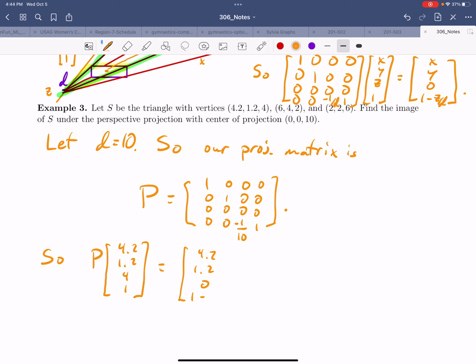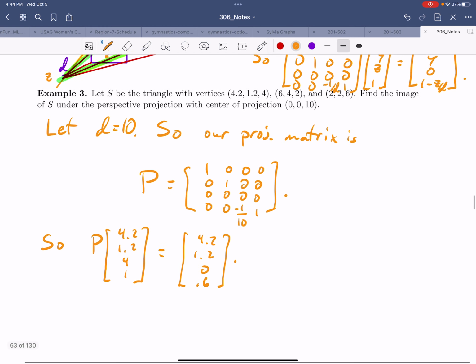Well, in this case, z is equal to 4, so we're going to get 4 over 10, which we can reduce to, I guess that's 0.6. Okay. Now, if you want to multiply to get a coordinate of 1 in this case, you can, but I would just leave it like this, okay?